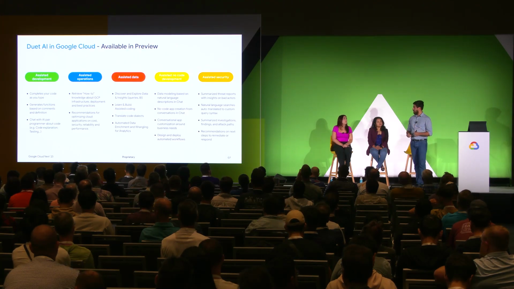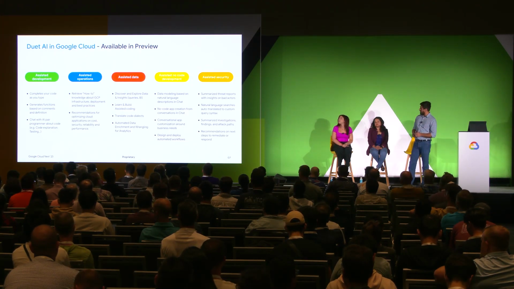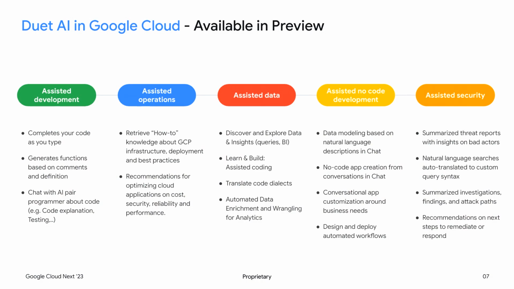The idea here is giving you a no-code interface within AppSheet where you can converse with a chatbot and get to a running application, implementing business logic without having to write code or be exposed to code directly. And last but not least, assistive security. The key idea is a series of features focused on detecting and helping mitigate potential security threats, as well as helping prevent lateral movement after a security incident. That's the overview, folks.